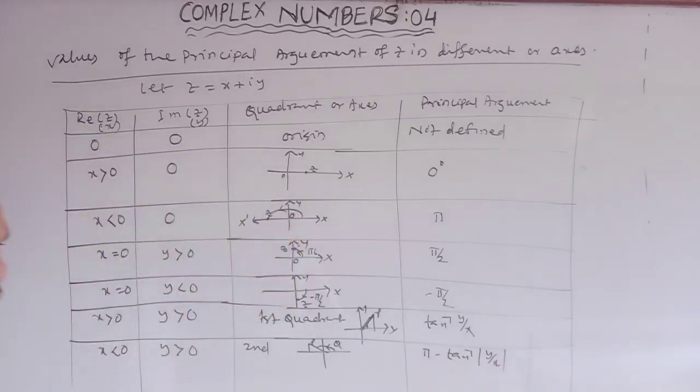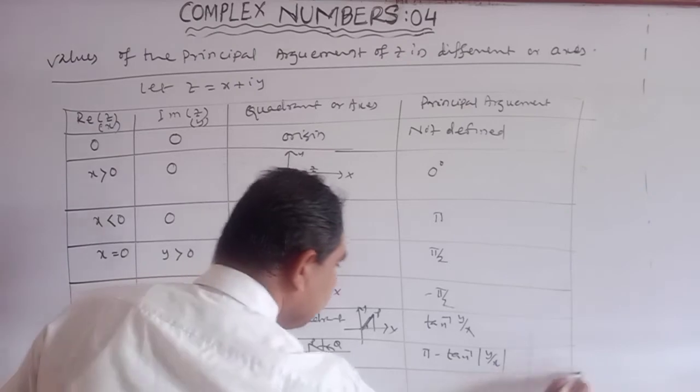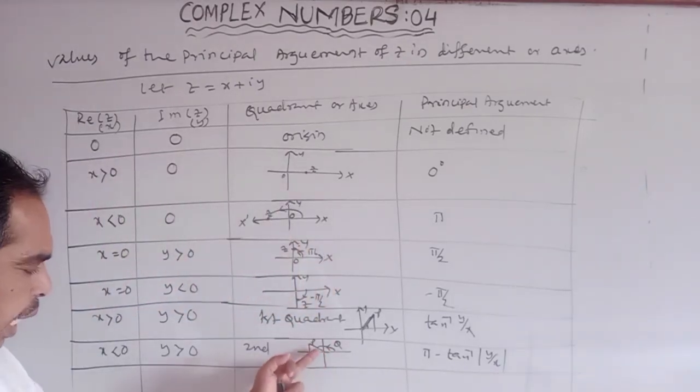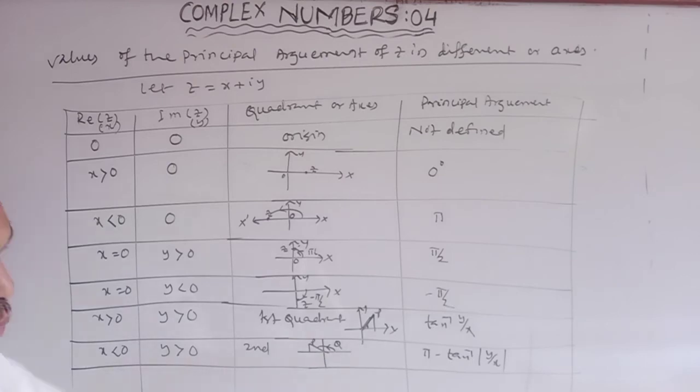The whole is pi minus tan inverse mod of y by x. Okay.